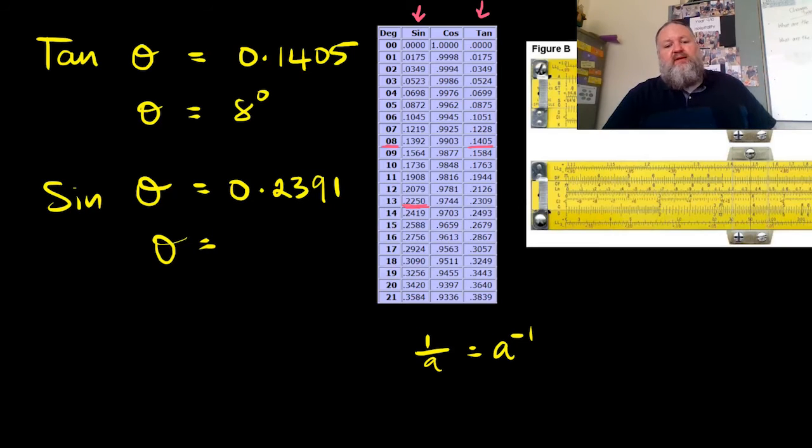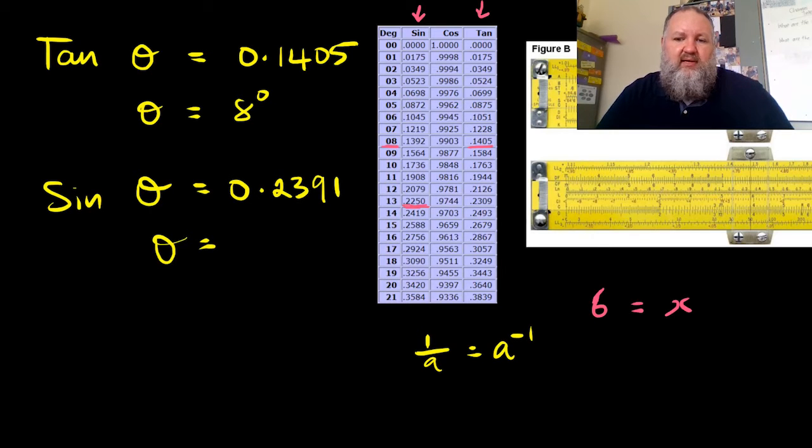So let's just say a really simple number. If I've got 6x, and it's equal to, I don't know, some number, doesn't matter. Let's just say I wanted to work out what x is.